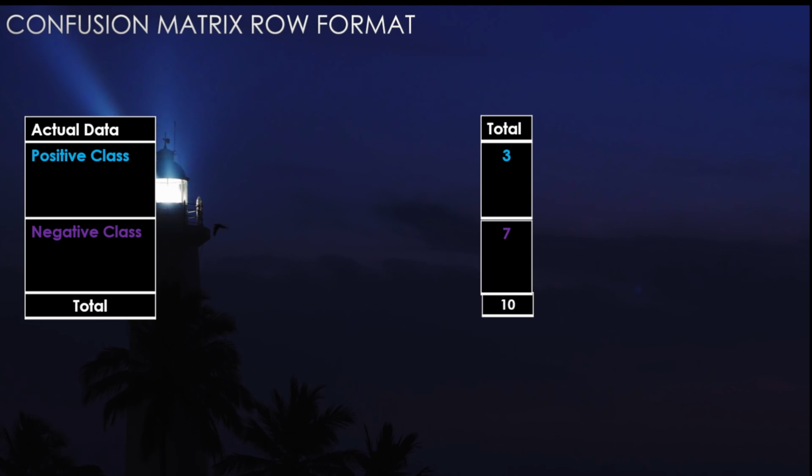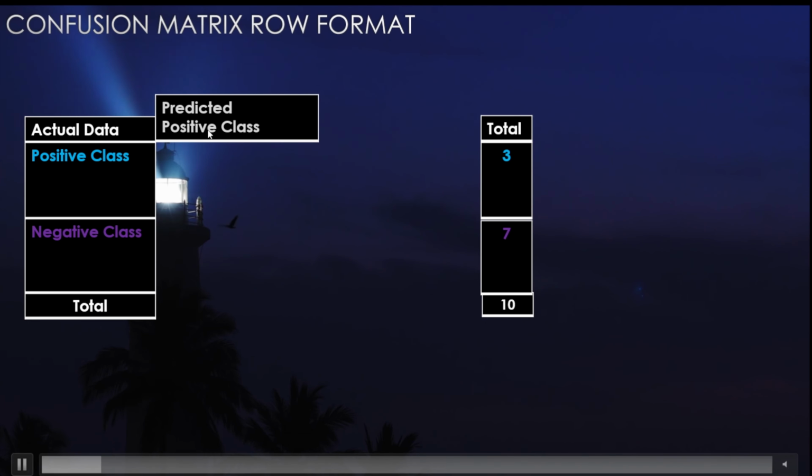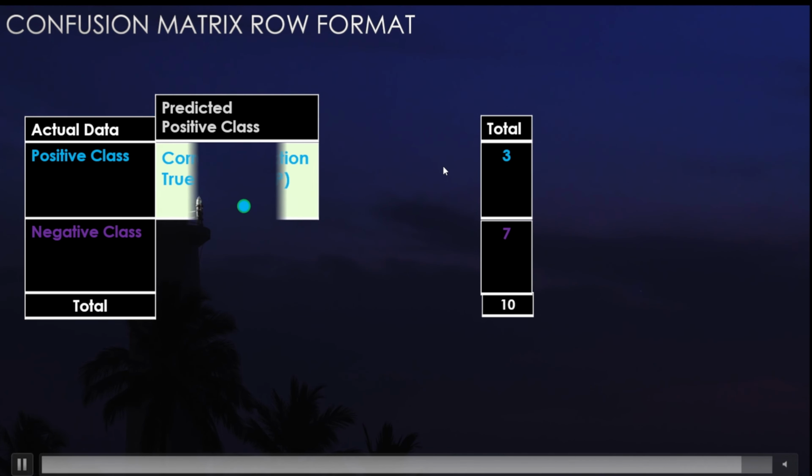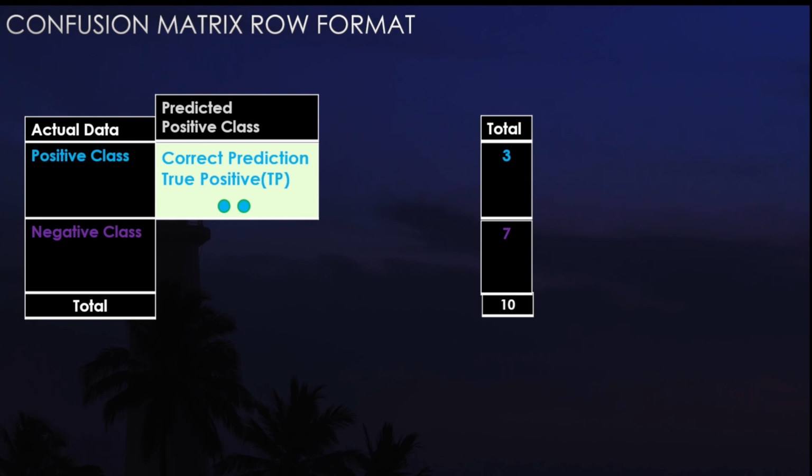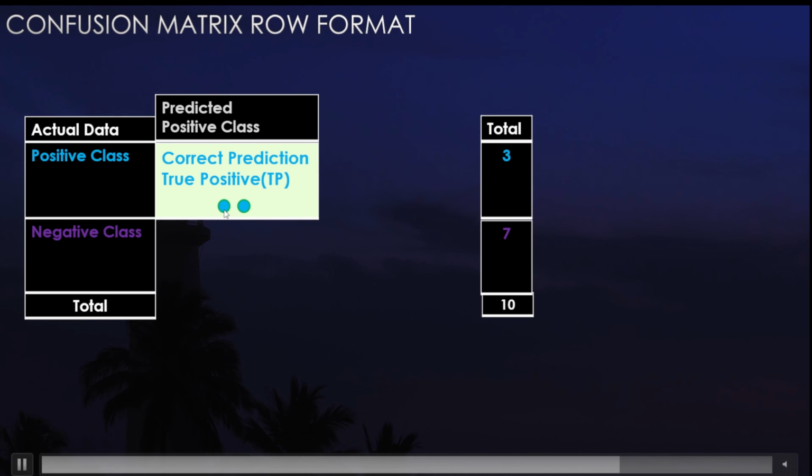Now we want our model to predict the positive class first. When we are predicting them, the model will have some confusion, some error. First it will predict the positive class truly, which is called the true positive, as shown here. Out of 3, it has predicted 2 as the correct value.